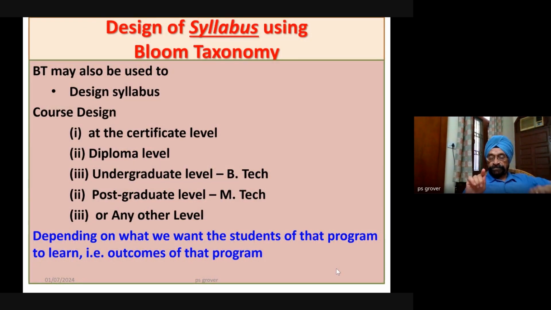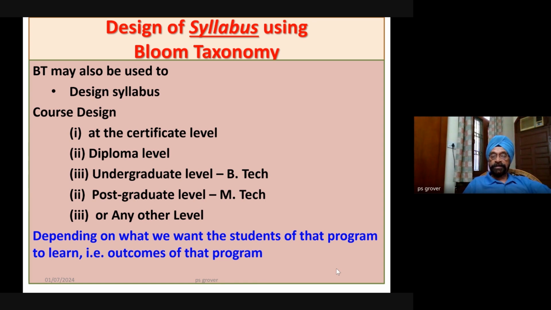So what we look at just now is the design of syllabus. As I mentioned, syllabus is one component. Extracurricular activity, co-curricular activity, any other thing which makes students learn. Let us look at the syllabus.